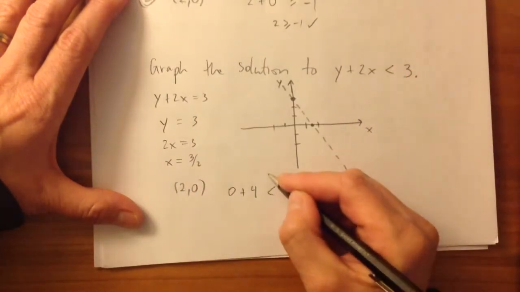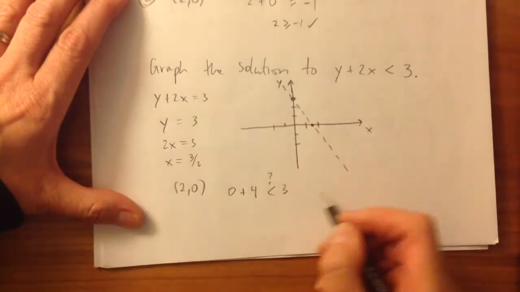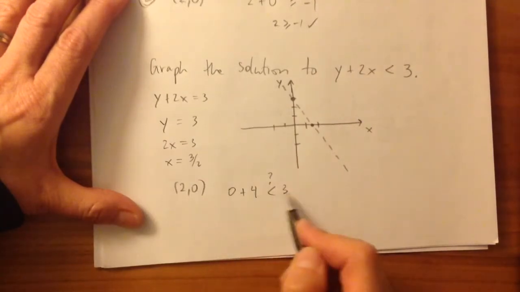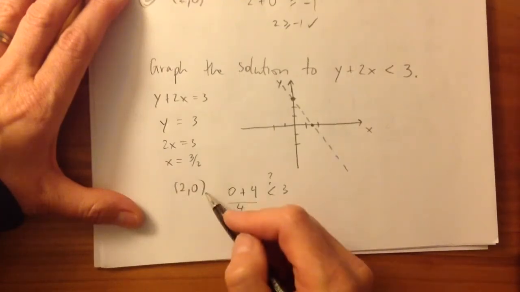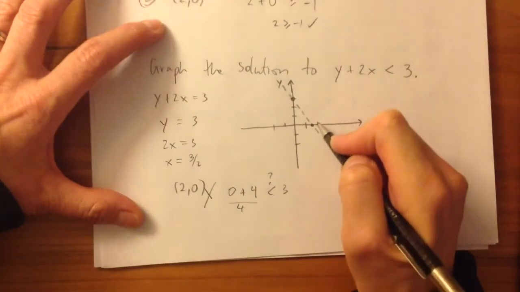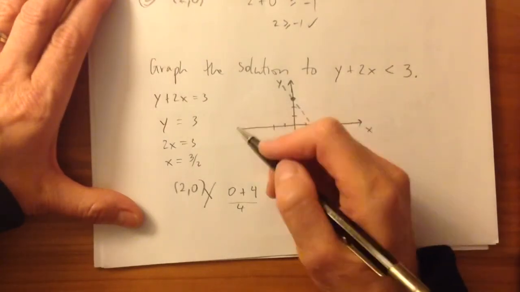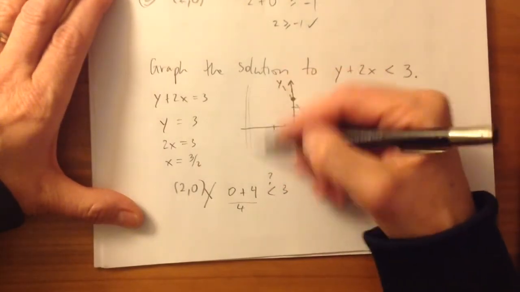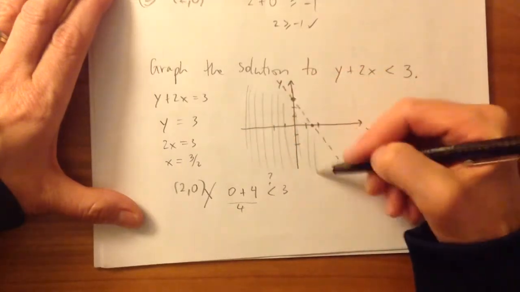Is that smaller than 3? The answer is no, 4 is not smaller than 3, so (2, 0) is not a solution. So since it's not, we're going to shade the other region. So it's all of these that solve it.